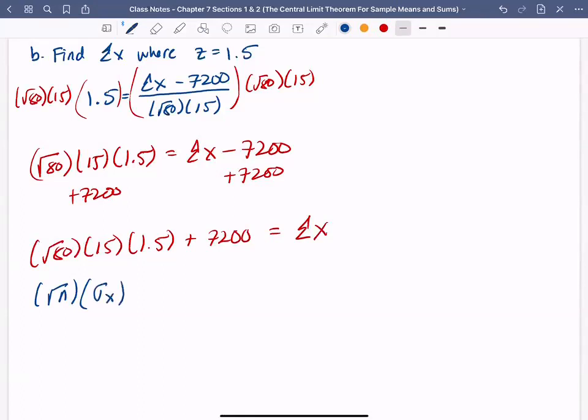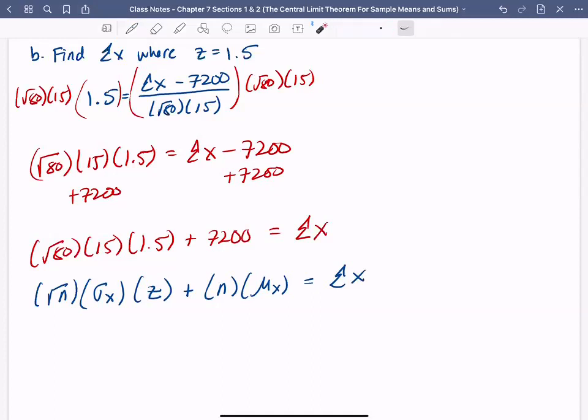The 1.5 was our z. And then we are adding n times mu sub x, which is how we get 7,200. That gives us our data point.